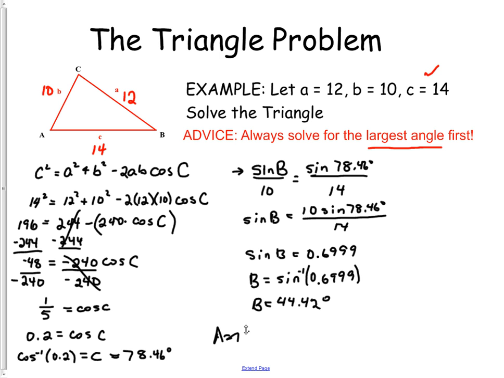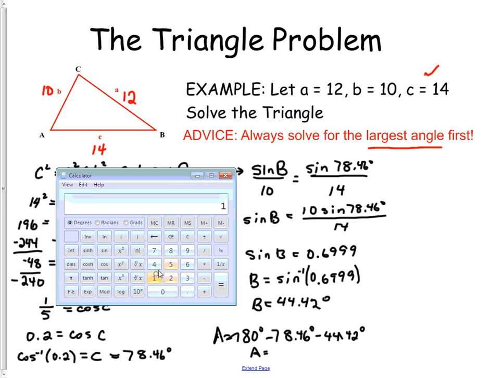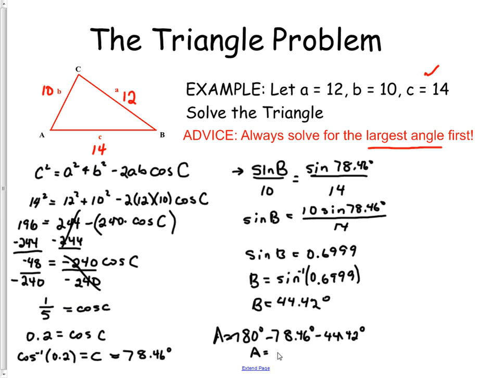We're going to take 180 degrees, subtract from that our angle of 78.46 degrees, and subtract from that our angle of 44.42 degrees, and we'll find that angle A is equal to 180 minus 78.46 minus 44.42, which gives us 57.12 degrees.